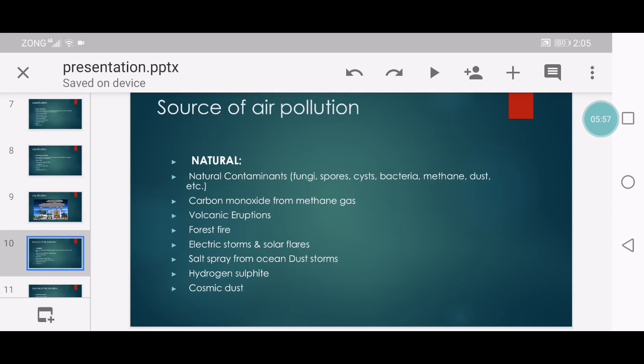Natural contaminants like fungi, spores, cysts, bacteria, methane, dust, etc. And then carbon monoxide, which comes from methane gas, volcanic eruptions, forest fire, electric storm and solar flares, salt spray from ocean, dust storm, hydrogen sulfide, cosmic dust.